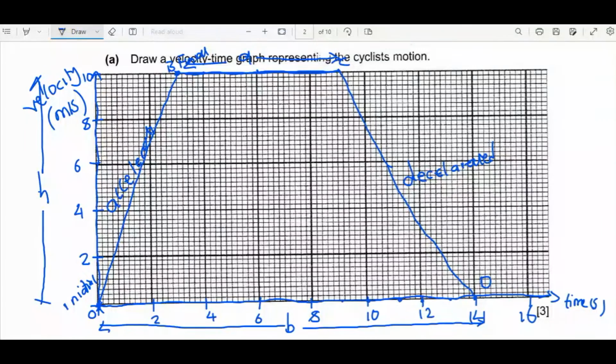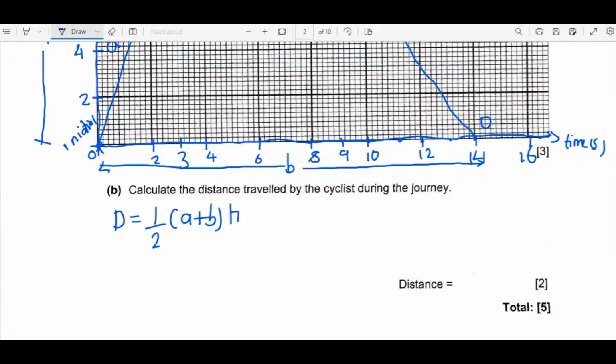For the a value, if we move here, we have 3 up to 9. So 9 minus 3 is 6. Then b, we get the 14 value. So distance is equal to half, our a is 6 plus 14, then our height is 10.